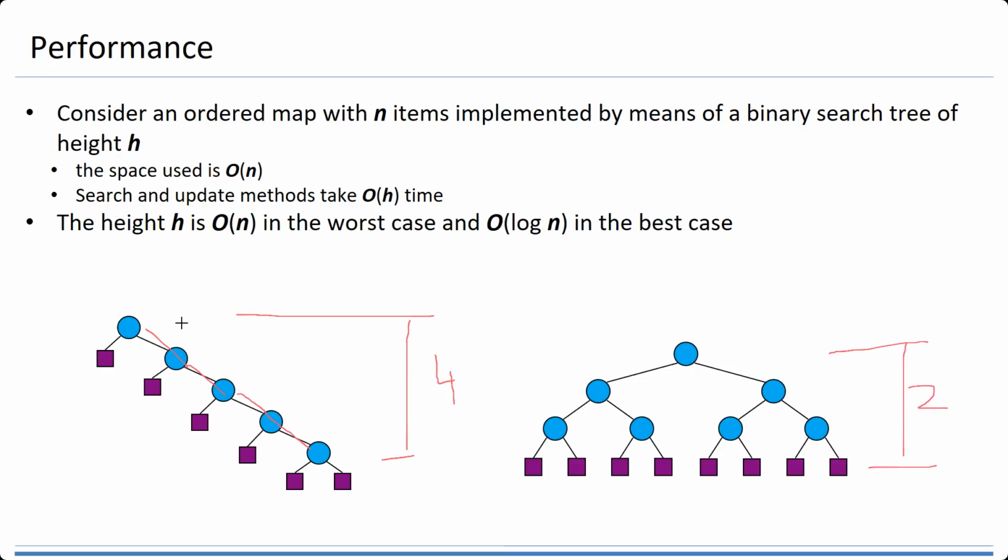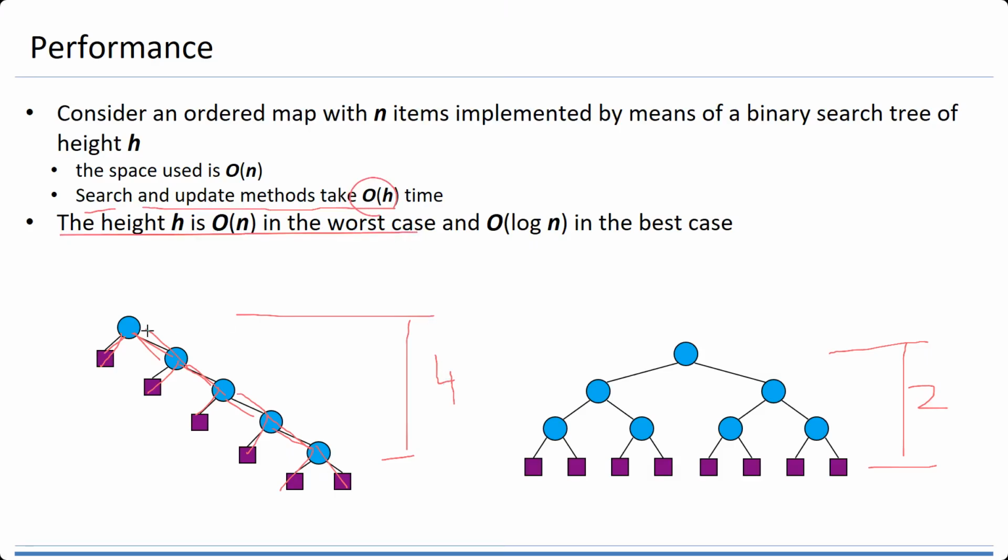Because as you know, a binary tree is a tree with at most 2 nodes, left and right, and so on. So this is also a kind of binary tree. So the search and update methods take O(h) time. The height is O(n) in the worst case.